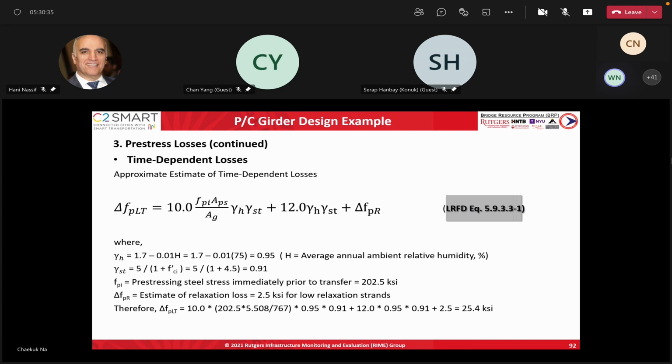FPI is the pre-stressing steel stress prior to transfer. It's called FPJ, the jacking force, and delta FPR is the relaxation loss. It depends on the type of strands used. For low relaxation strands, it's 2.5 KSI. It's different for high relaxation strands or other types of strands.